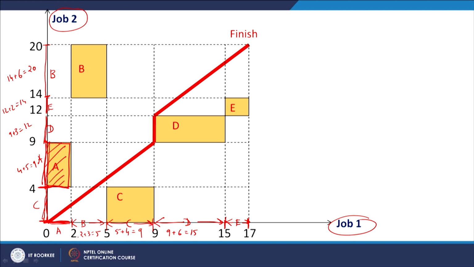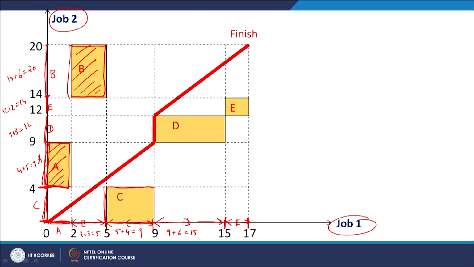Then comes B. B on the x axis is here and on the y axis is here. So, the rectangle that has to be constructed is this one. This is B. Third is the C. So, here is C on the x axis and here is C on the y axis.